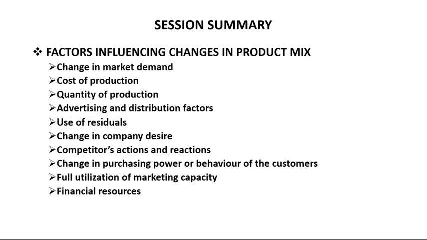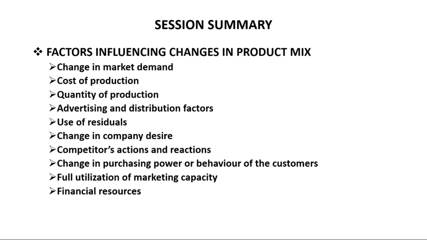Then quality and quantity of production. Then advertising and distribution factors. Use of residuals means leftover raw materials which are going to waste; they will use those raw materials and produce a new product. Change in company desire, that is, aim or objective. They may change their objective, and based on their objectives they will change their product. Competitors' actions and reactions. If the competitor is producing another product, the company will also try to produce that product.